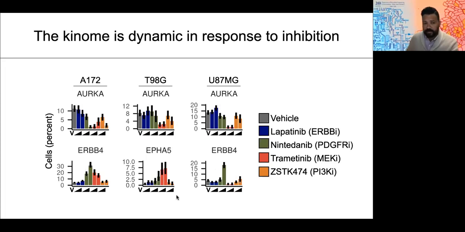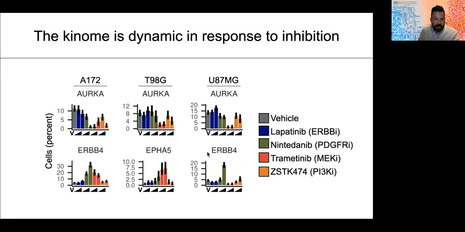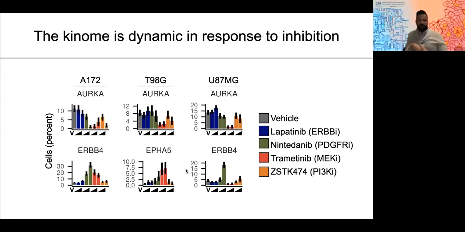It does not do this in T98G, and here I just highlighted another tyrosine kinase that is significantly upregulated in response to treatment, in this case, trametinib. So these responses that we see down here are some of the things that we're thinking of when we talk about adaptive transcriptional resistance. So there's been an upregulation of a factor that can recover signaling from what was originally targeted with the biochemical means.